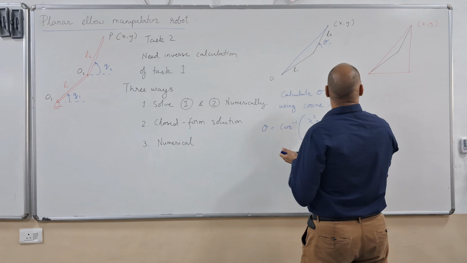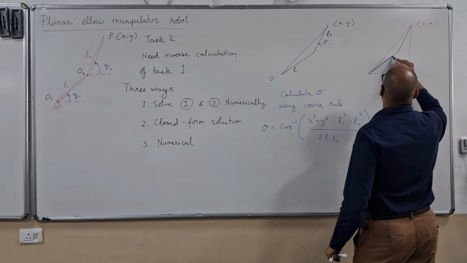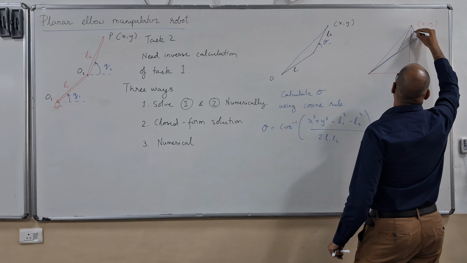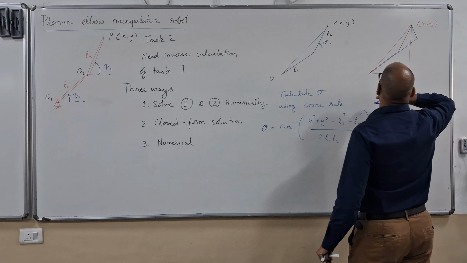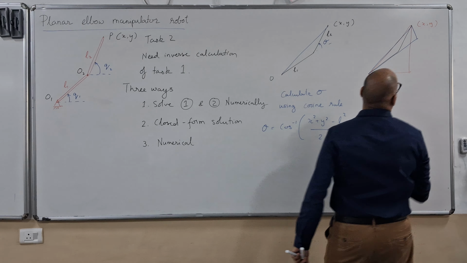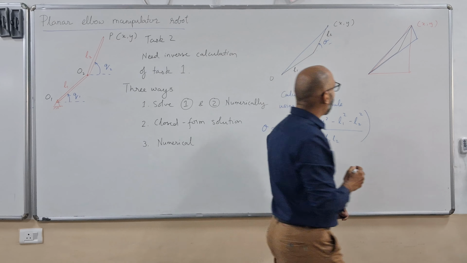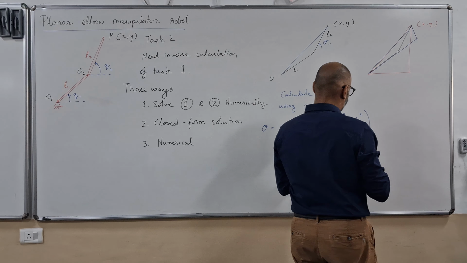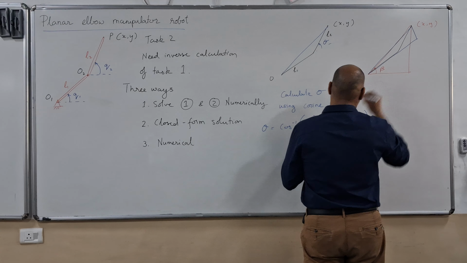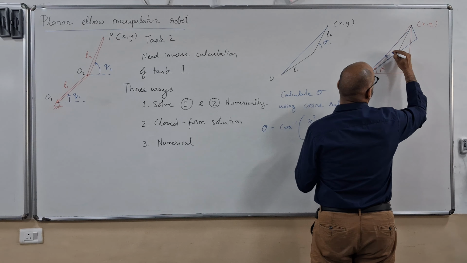Let me also draw a blue triangle, extending the first link until you hit a perpendicular from the end effector. We will first look at the red triangle and use it to calculate this angle beta, and use the blue triangle to calculate this angle gamma.